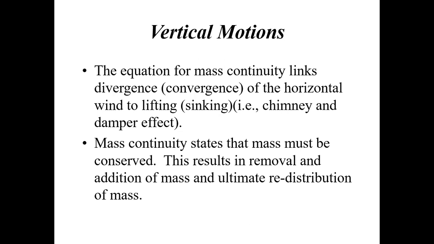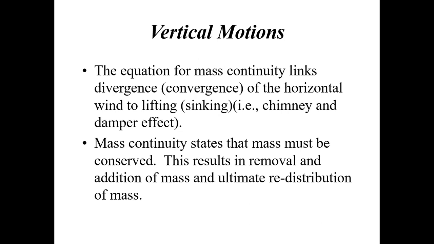Mass is going to be added in certain areas and subtracted from other areas, and whenever you have this removal or gain of mass in different areas of the atmosphere, that mass must be redistributed. You're going to have the same quantity of mass. That's not going to change. However, where the gains and losses of mass are is going to change, depending on whether you have surface high, surface low pressure, upper level divergence, or upper level convergence.